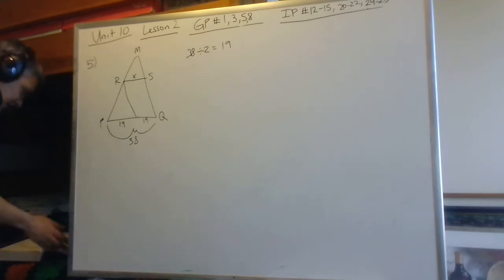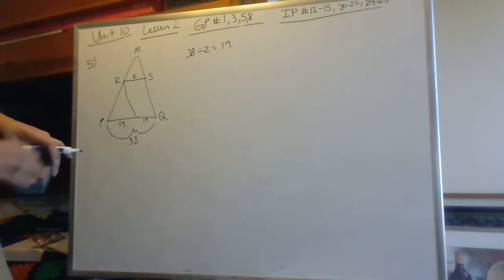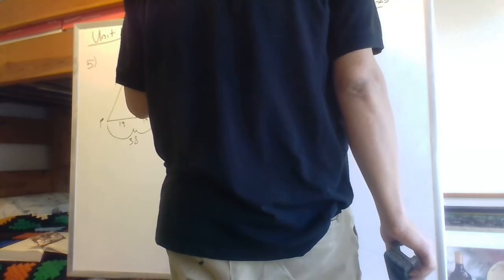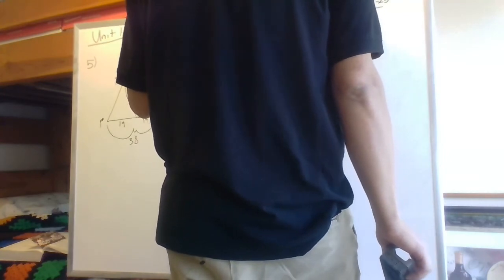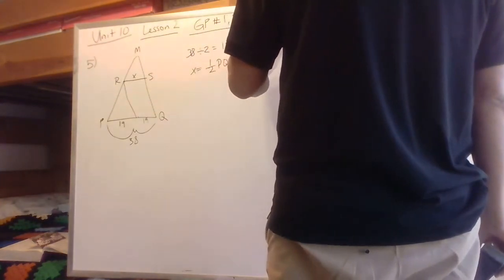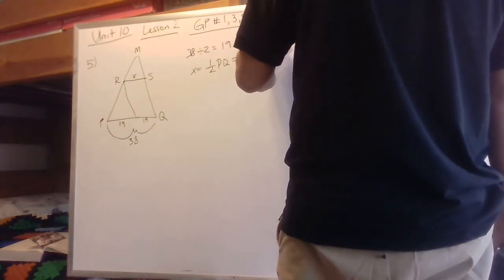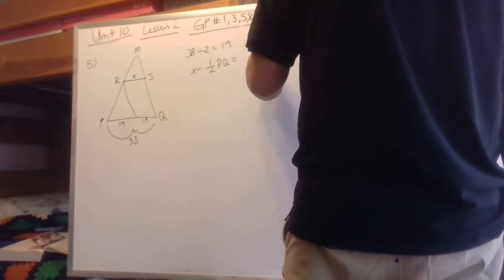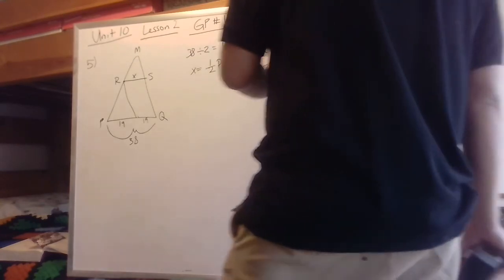So what that means is X is going to equal 1/2 of PQ. So if PQ is equal to 38, X is going to equal 19. So RS equals 19.